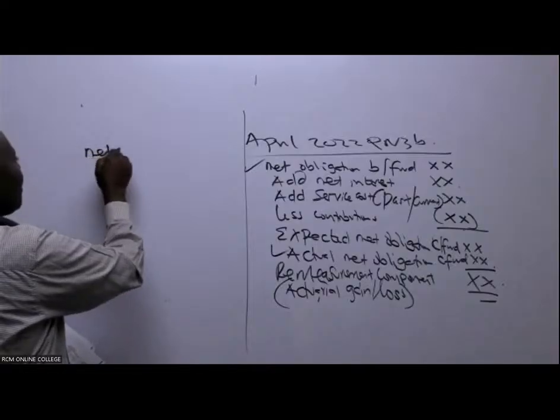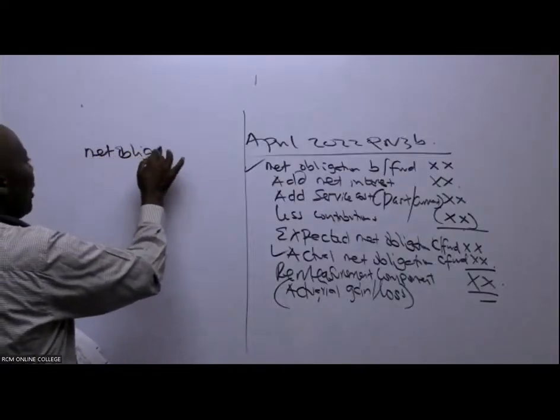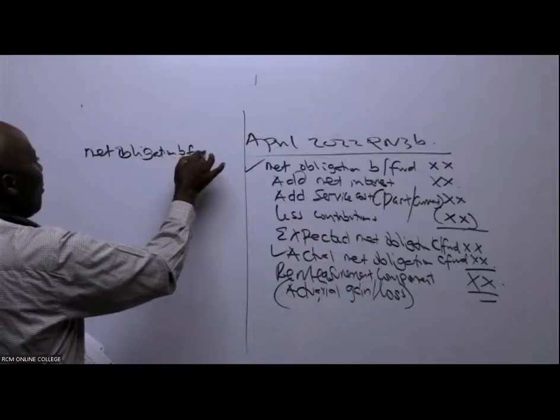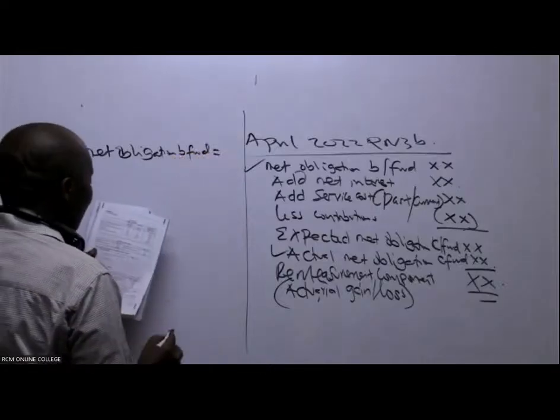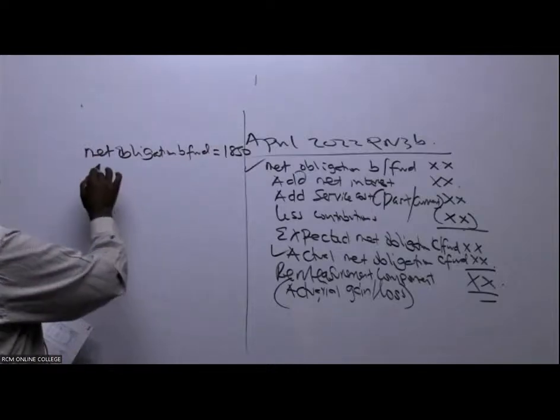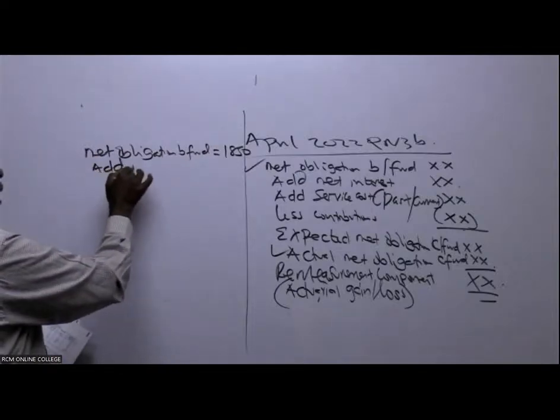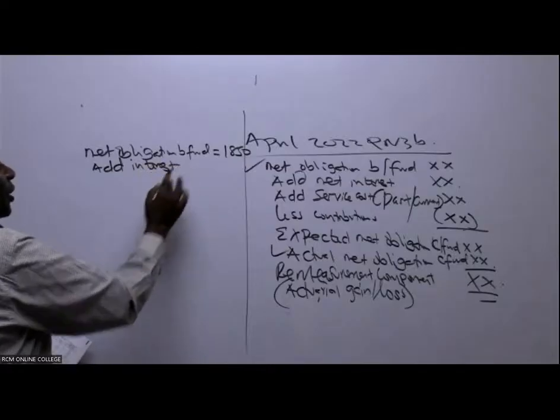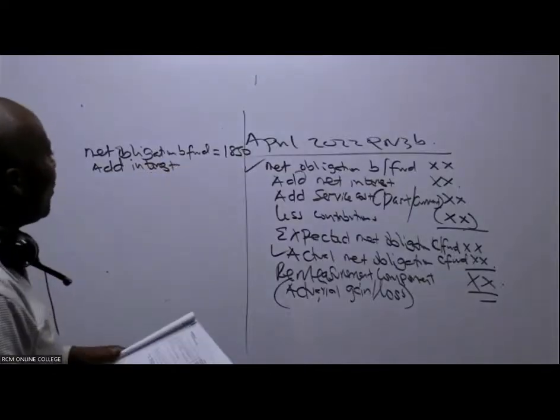Then we have the net obligation brought forward. How much do we have there? 1850. This amount must earn interest. So you can just mention there, add interest or net interest. Why do we call this net?